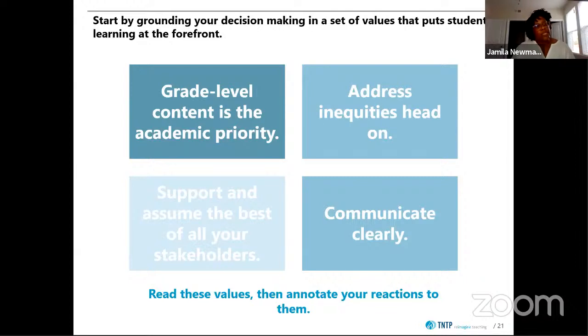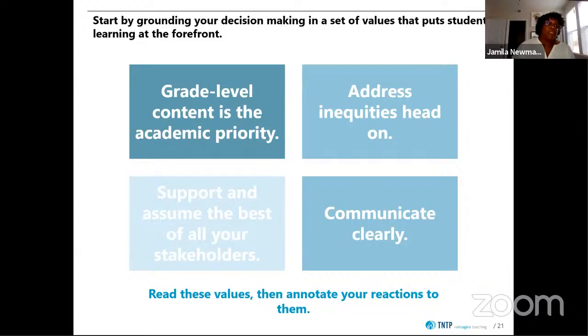But that also means that there are going to be students in your classroom who have gaps and have unfinished learning. And we're not simply going to say they need to do something lower on their level, something that they feel like they can do more independently. It means that we have to address those inequities by providing effective scaffolding techniques that allow them to have the access necessary to the content that they need to receive in their grade level.